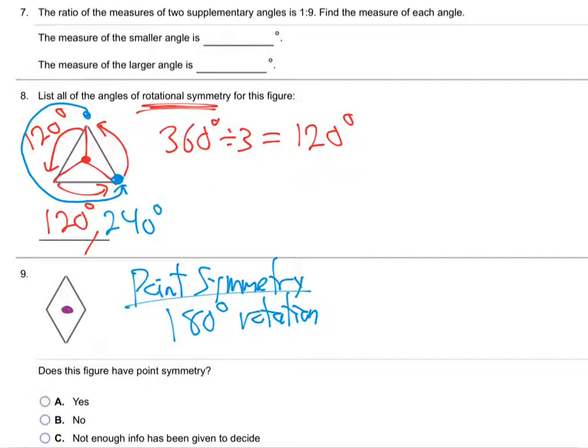And it's true, it does. If you could turn the thing 180 degrees, it'll look the same. It'll be back onto itself. If we take that diamond and turn it halfway around, it's right back onto itself, isn't it? So yes, it has 180-degree rotation symmetry, which means yes, it has point symmetry.